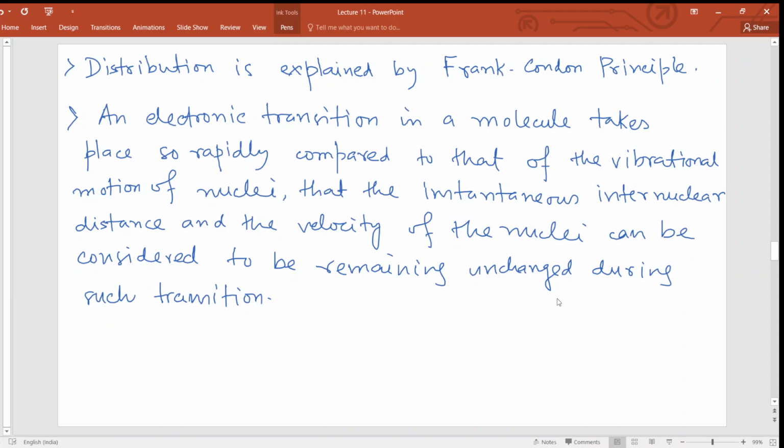Within that time the equilibrium position of the nuclei might not have changed, or the nucleus might not have moved from its original position when the transition started. Is this point clear?